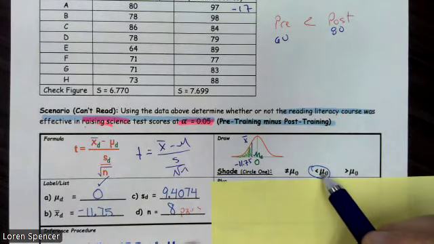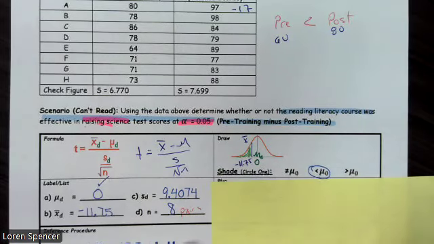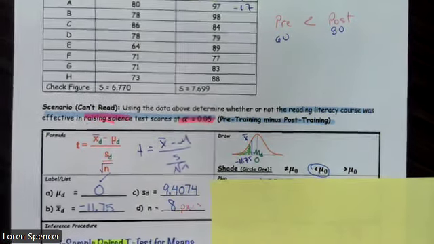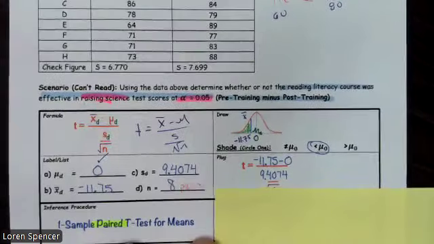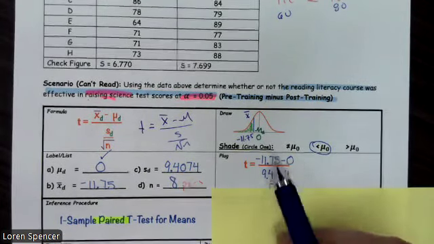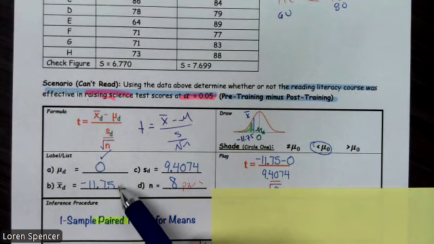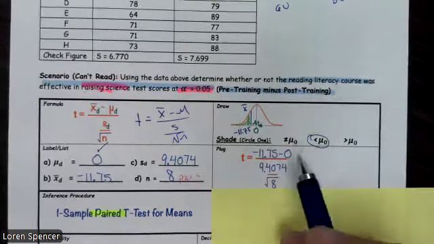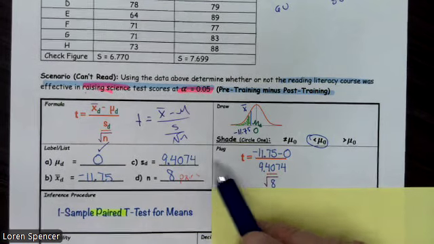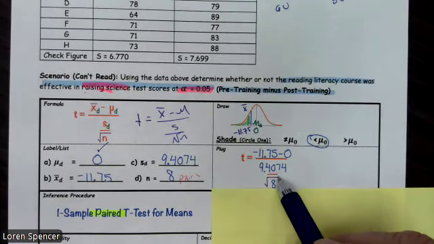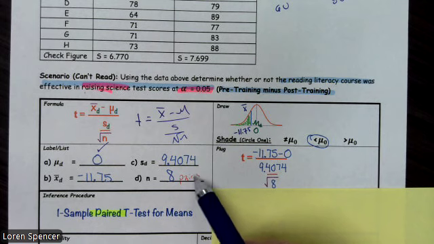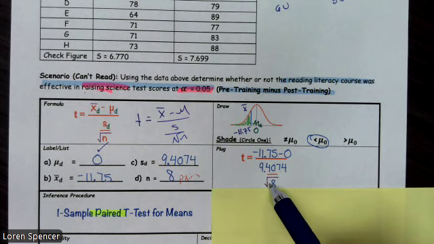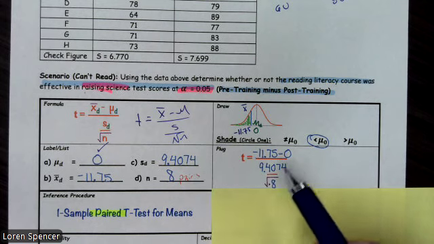The post went up. So we're circling less than. We can go ahead and plug into our formula: t equals negative 11.75 minus 0, divided by the standard deviation of 9.4074 divided by the square root of the number of pairs, or our sample size of 8.